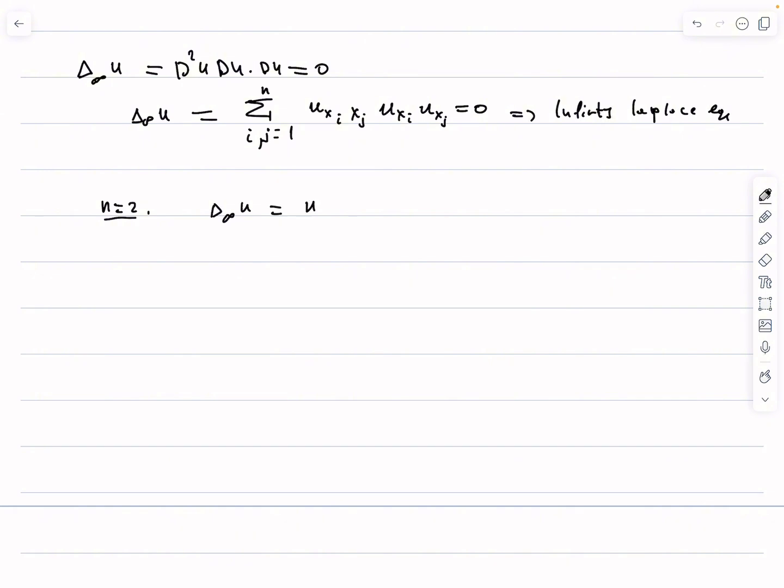It will become u_x squared u_xx plus u_x u_y u_xy, again because it is symmetric, this is times 2, plus u_y squared u_yy. This is when n is equal to 2.